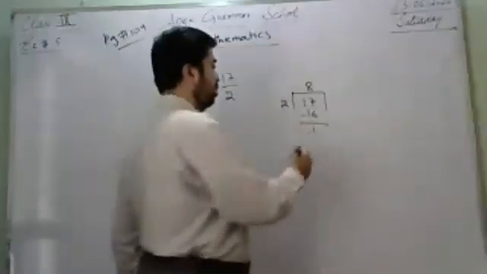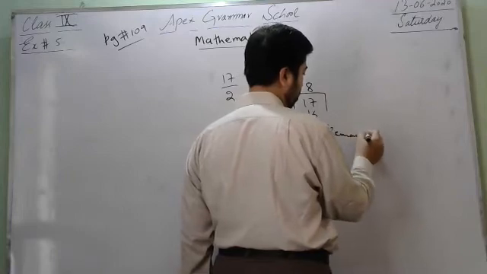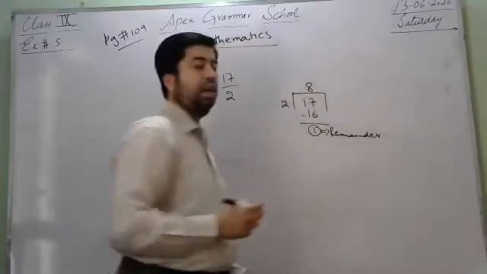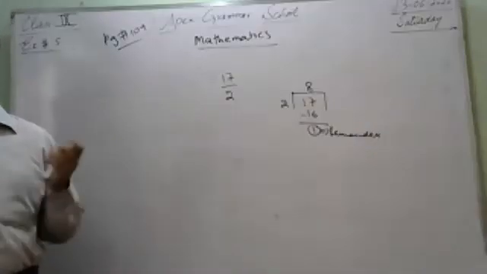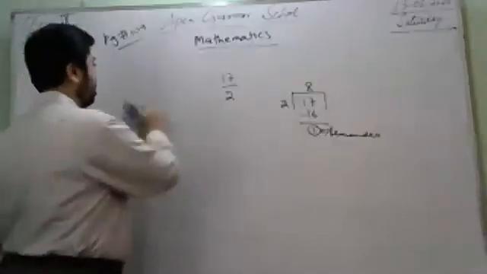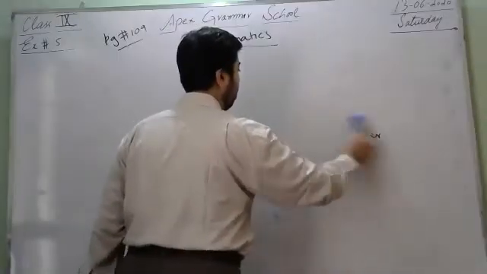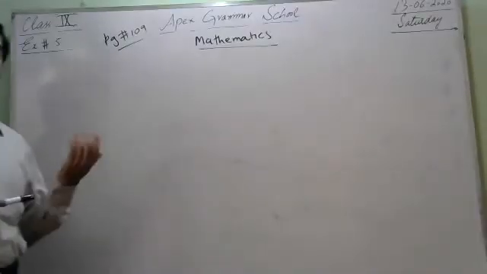So this 1 is basically the remainder. In polynomials, we have to solve it, we have to factorize it. But if we can't solve it properly and completely, then we have a remainder.